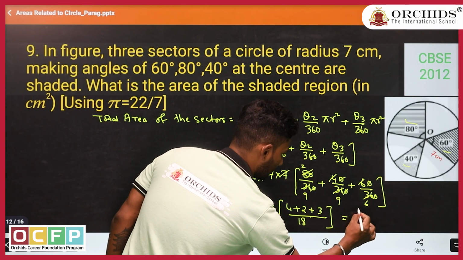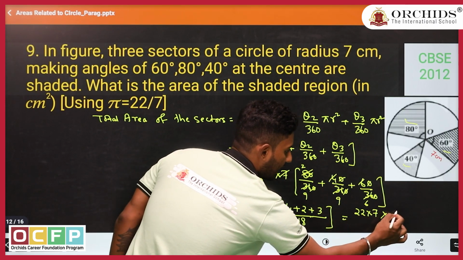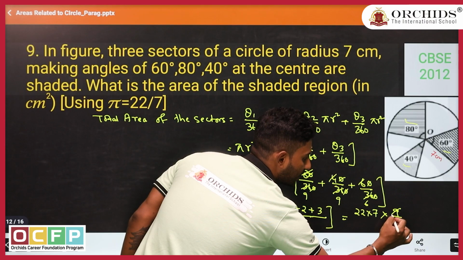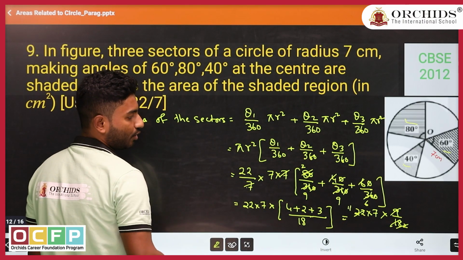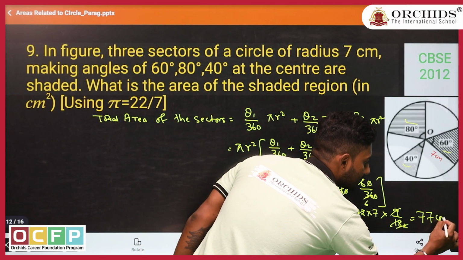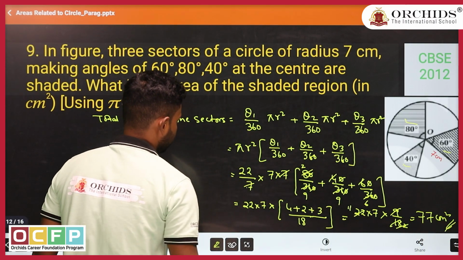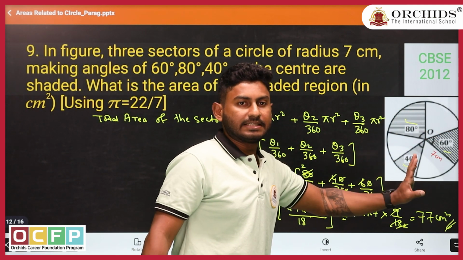So this thing becomes 22 into 7 into 9 by 18. Again you can simplify 2. Again you can simplify 11. So we are left with 11 into 7. That's nothing but 77 centimeters square. So here is the answer for the total area of all three sectors.